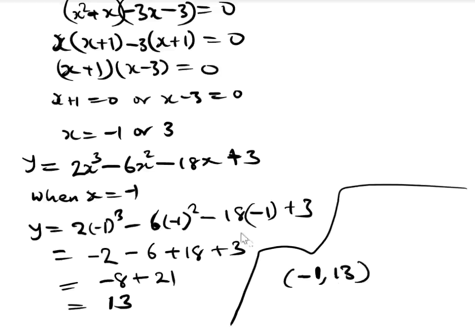Let's solve for y when x is 3. We have our equation to be y equal to 2x cubed minus 6x squared minus 18x plus 3, and we have x to be 3.